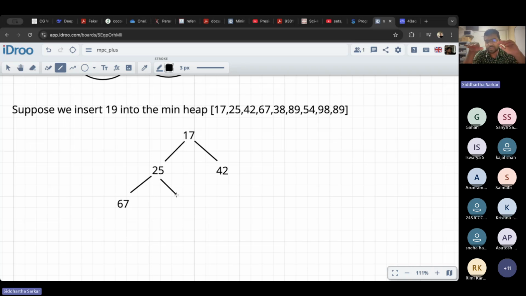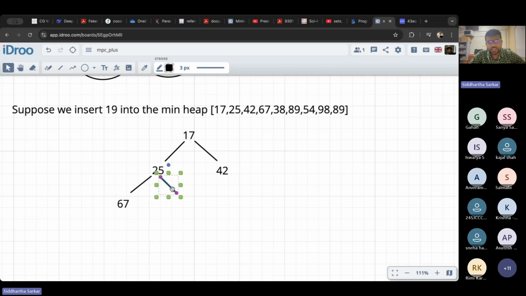This is like BFS, that is, level-wise we are going from left to right. It's basically a breadth first search. In the breadth first search order, you have been given the numbers in the min heap. It is always like this only for min heap.